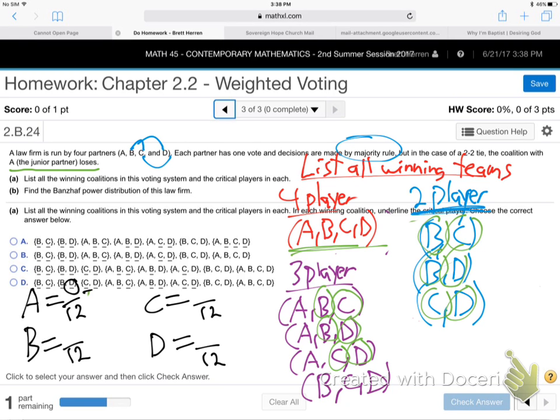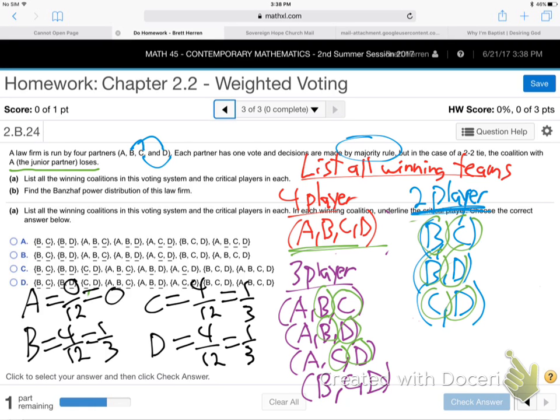No power. What's A? A dummy. B, how many times was B? 1, 2, 3, 4. And they're all going to be 4/12, which is 1/3, right? Reduce those fractions. There we go. 1/3, 1/3, 1/3 for B, C, and D.